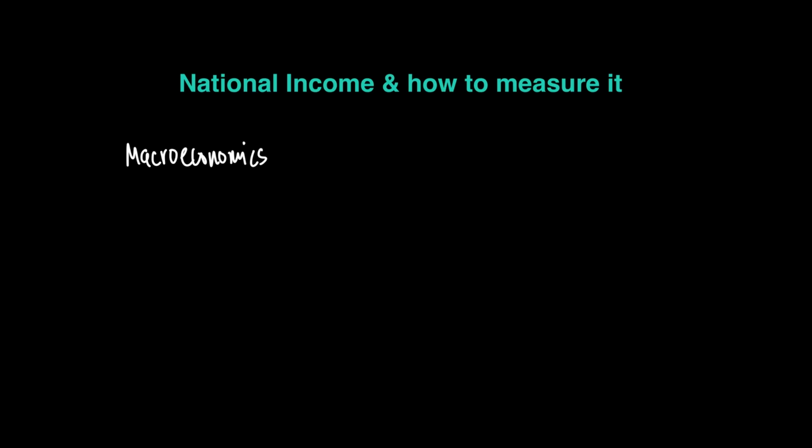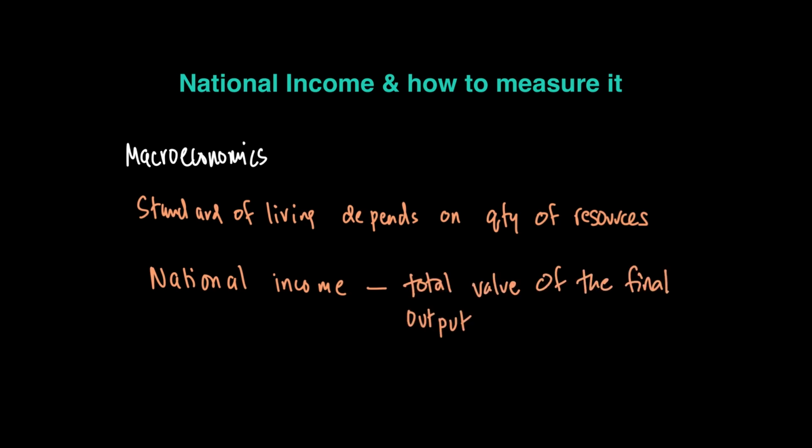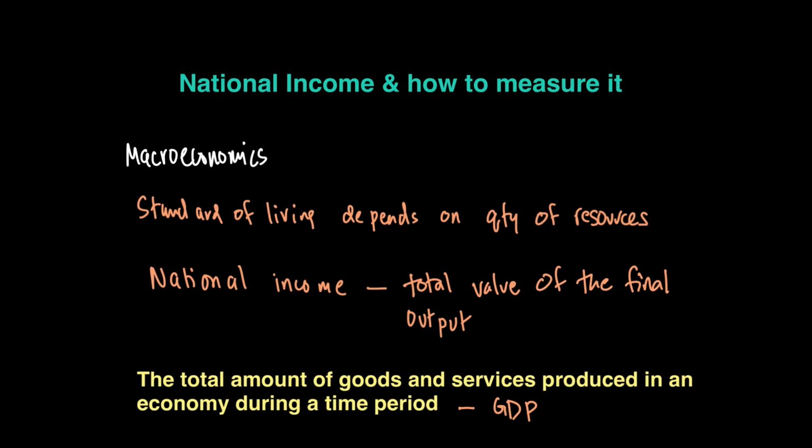When we look at any economy, its standard of living is dependent on the quantity of resources that it has. And in this regard, the national income, which is the total value of the country's final output of all goods and services produced in a year, is a very useful calculation. National income is basically calculated through GDP, which is the total amount of goods and services produced in an economy during a time period.